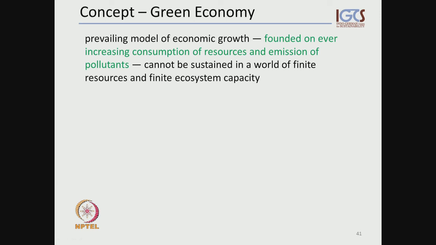The prevailing model of economic growth is based on consumption of natural resources and the emission of pollutants, of our waste, into the so-called sinks. And we have realized that this cannot be sustained in any way in a world that has only finite resources and has only a finite ecosystem capacity. So that is something we have realized.